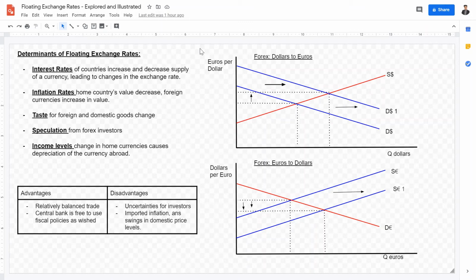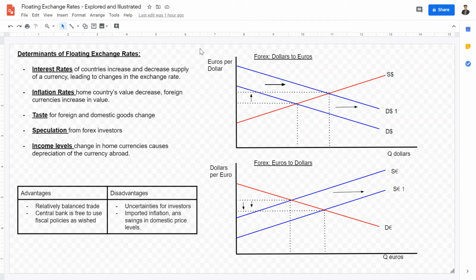These macroeconomic objectives are better reached when fiscal policies and monetary policies may be freely used by the central bank and government instead of having regulations because they need to control the forex market. So having a floating exchange rate forex market is also really good for central banks and government, where they're able to freely use their fiscal policies and monetary policies as they wish.